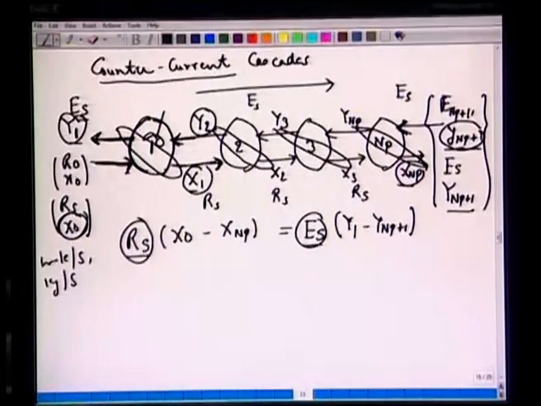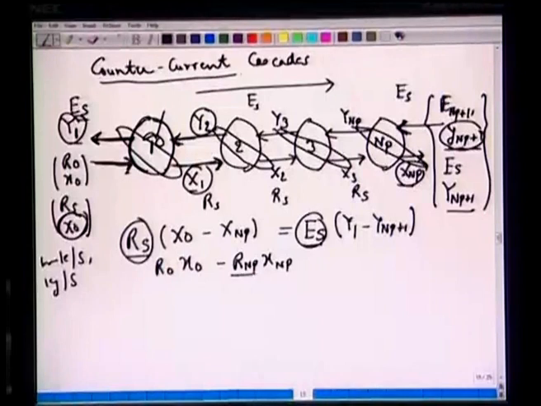One could have also written on actual flow rates or total flow rates, R0 x0 minus RNP into small xNP. So, look at the difference now. R0 is different from RNP. However, we work on a solid free basis, so we can take this RS as common.